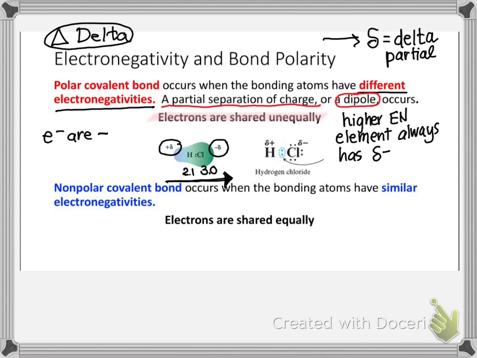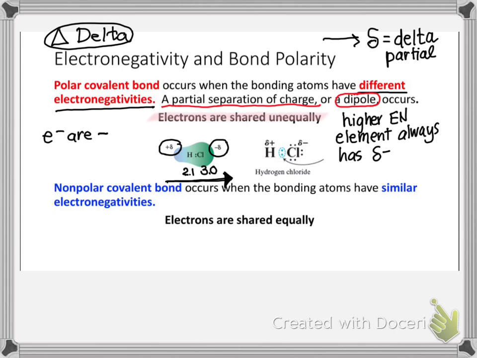So a polar bond is when two atoms having different electronegativities do not share equally. The atom with the higher electronegativity will pull the electron cloud closer to itself, creating a little delta negative, a partial negative. That leaves the atom with the lower electronegativity with a partial positive, or a little delta positive.